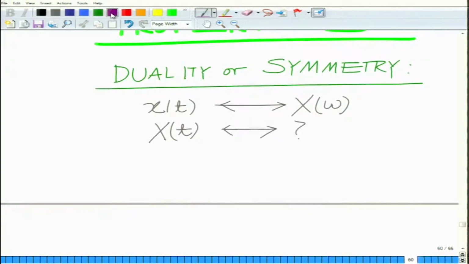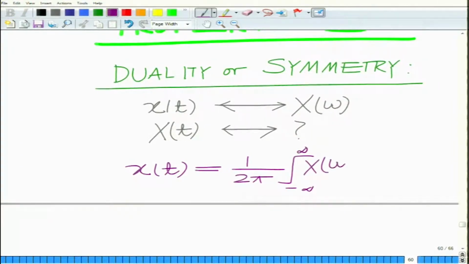And to understand that, let us first start with the inverse Fourier transform, that is given as 1 over 2 pi integral minus infinity to infinity X of omega e raised to j omega t d omega.